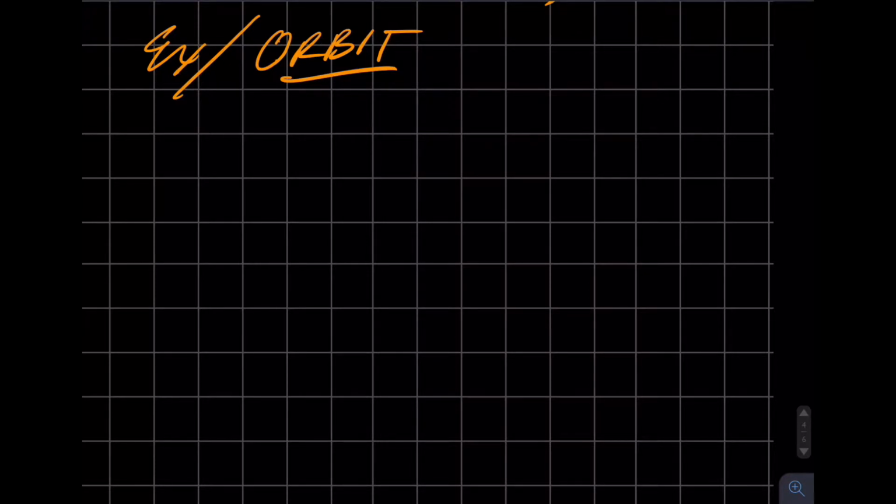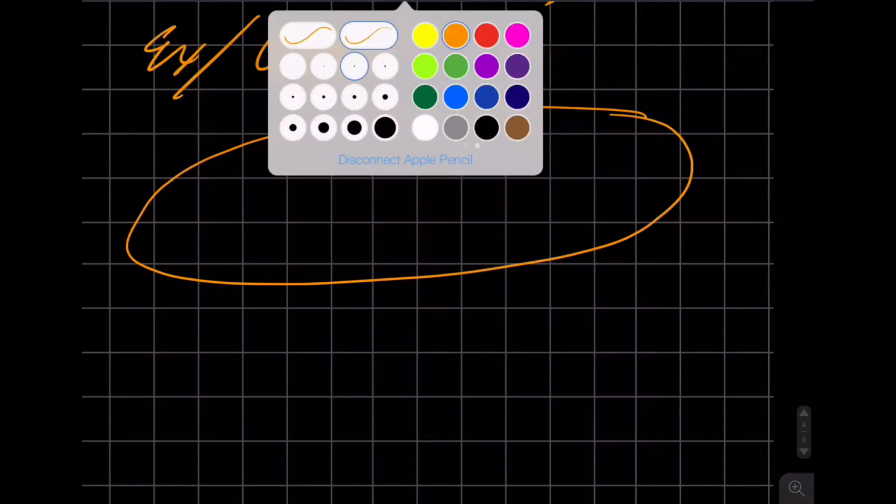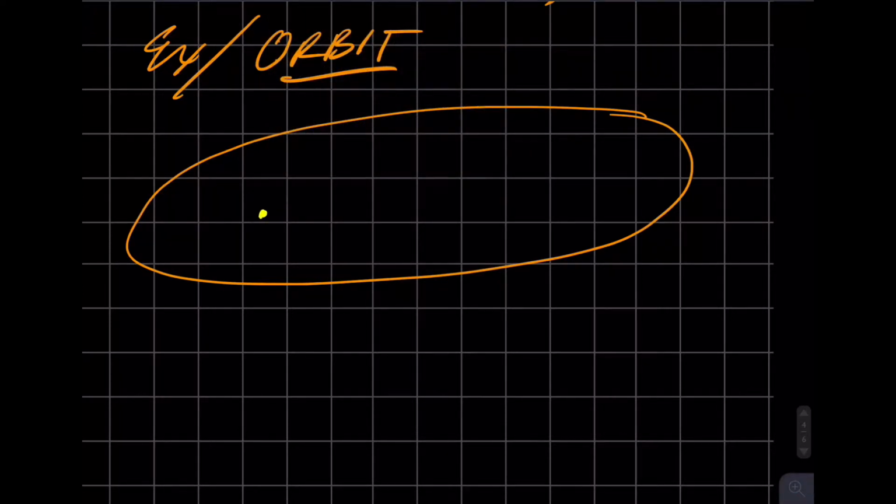So what it tells you first is that the distance of the Earth, or some other planet like Neptune, is some distance, and let's say it's the Earth, 147.09 million kilometers from the Sun at its closest approach to the Sun. So the closest it ever gets to the Sun is 147.09 million kilometers.